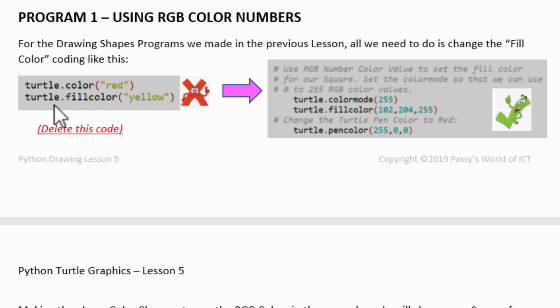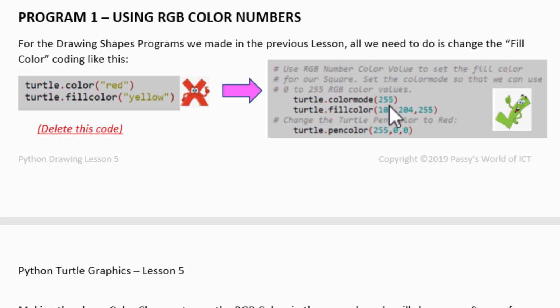So at the moment, down the bottom here, we've been using turtle color just red, turtle fill color yellow, just the plain ordinary little baby set of standard colors. But if we want to use, say, that blue color, you have to go turtle.colormode(255). Okay, that tells Python that you're using RGB values from 0 to 255.